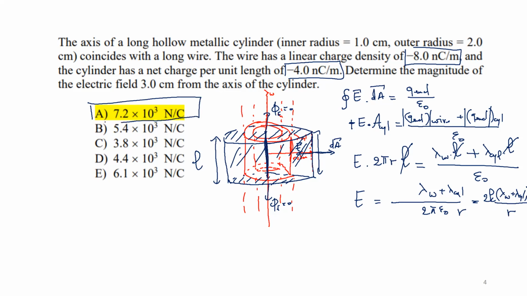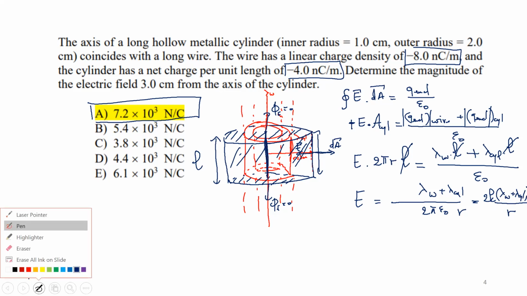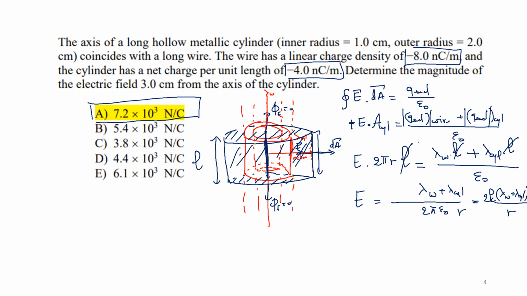Okay. Good. Now some students who are very curious will tell me, but the charge enclosed here for the cylinder is lambda cylinder multiplied by L, but over my whole long, hollow metallic cylinder, it's a surface.